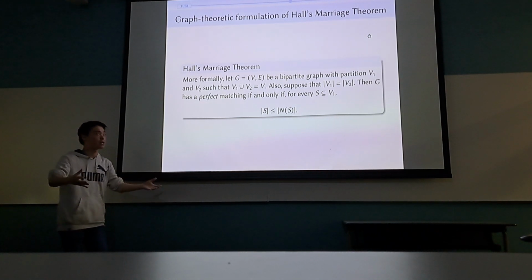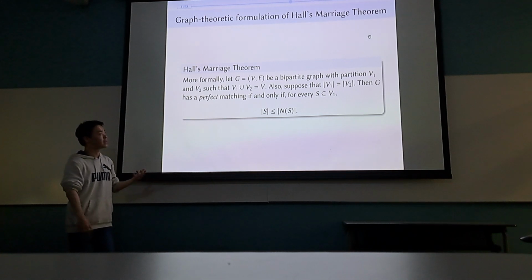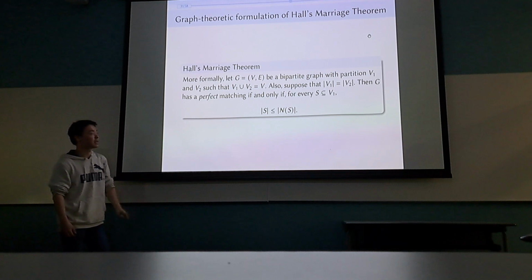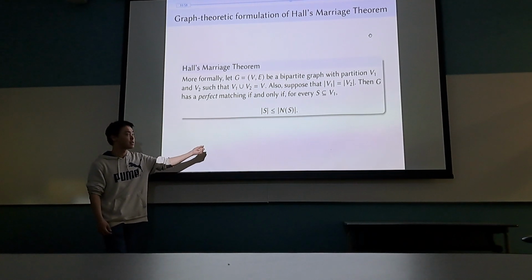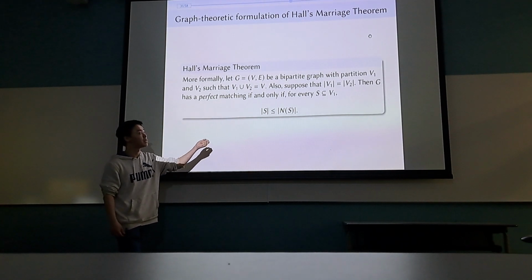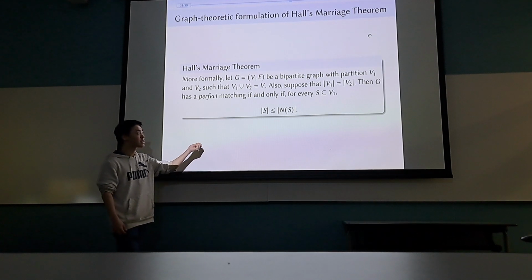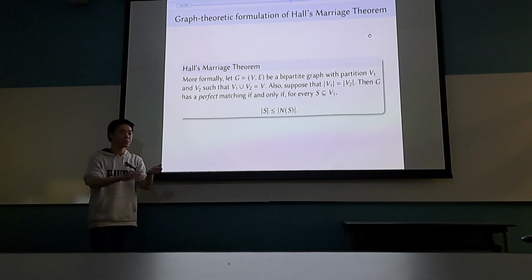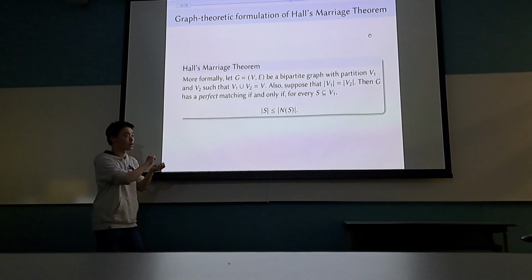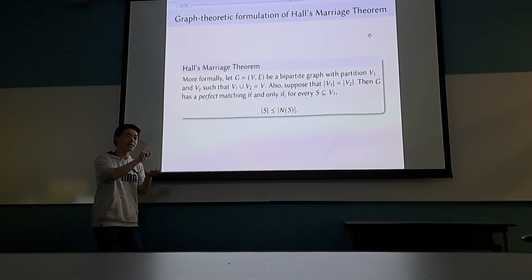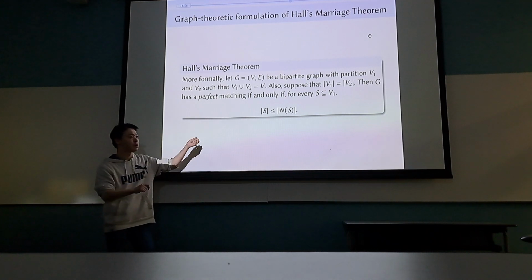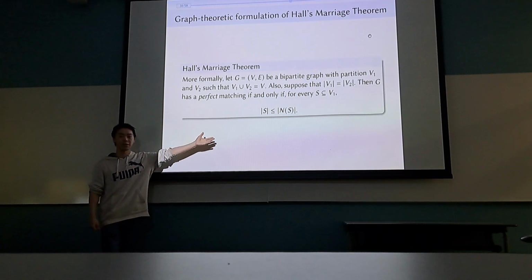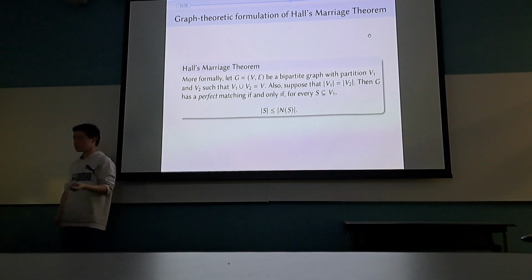You have a bipartite graph, and it turns out that G has a perfect matching if and only if the size of S is at most the size of the neighbor set of S. So S is a subset of the vertices of V1, and basically I need enough neighbors for each of my sets S, and this is essentially the graph theory version of Hall's marriage theorem.